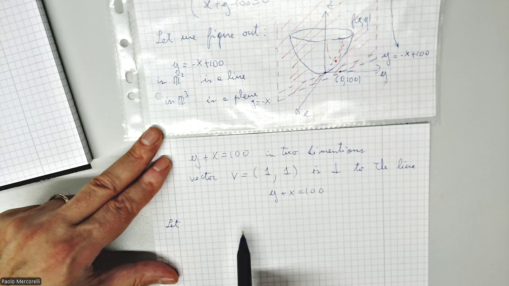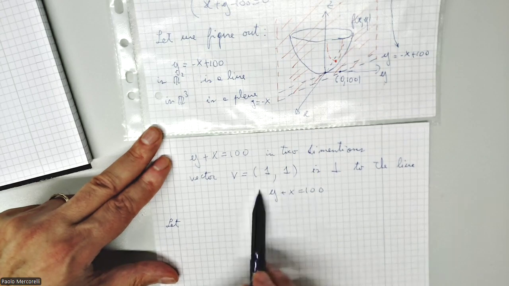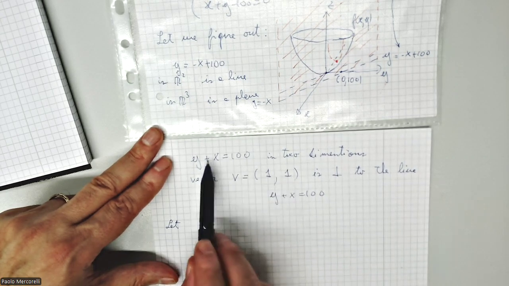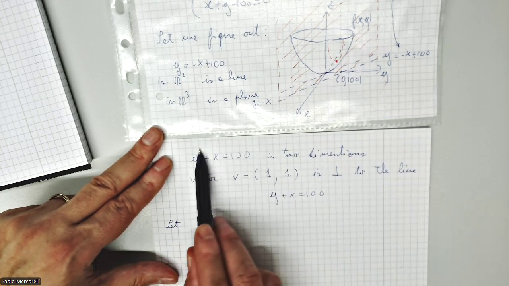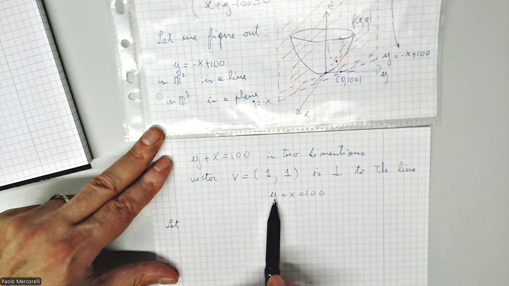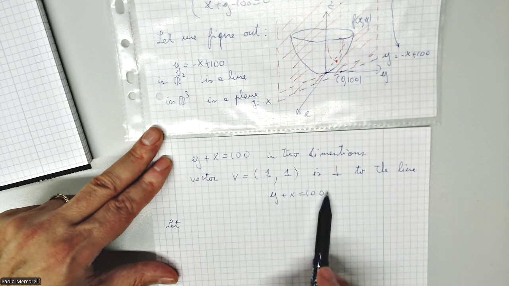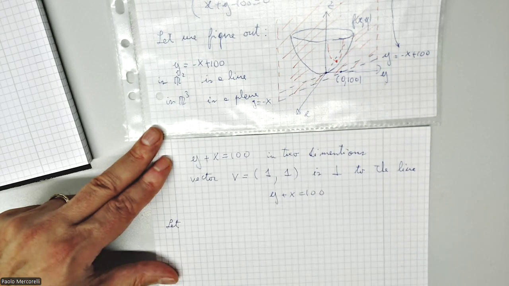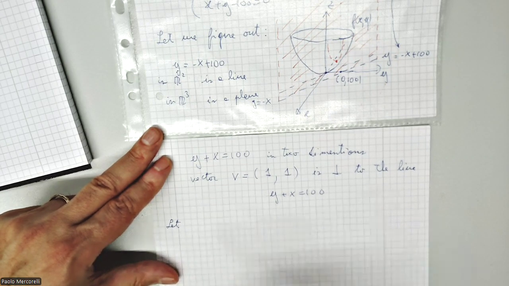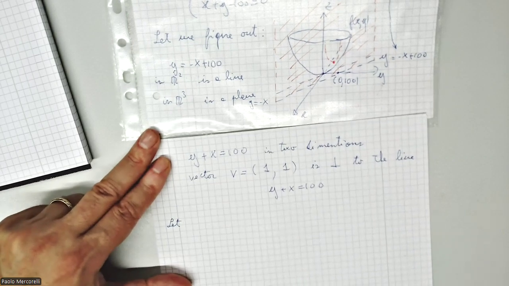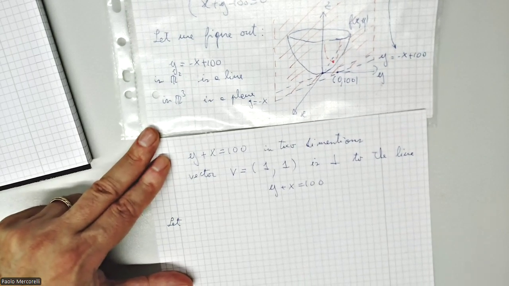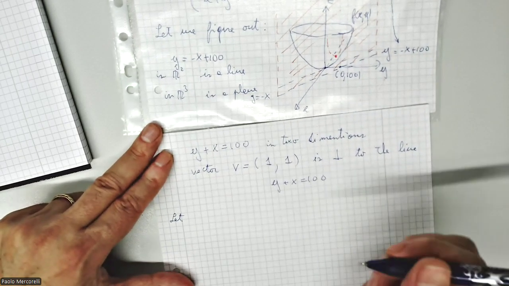I also did some exercise in order to justify that the vector 1, 1, which is the gradient of this expression, is orthogonal to all the points of the line. Okay, assuming that you remember, otherwise you can reconsider it again.